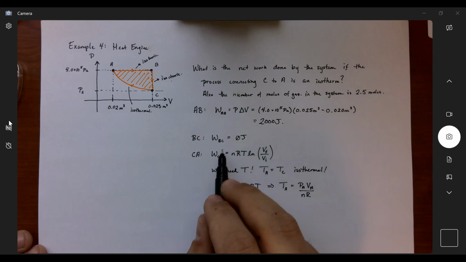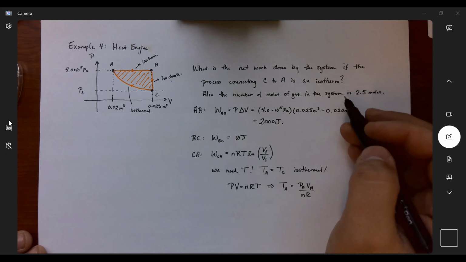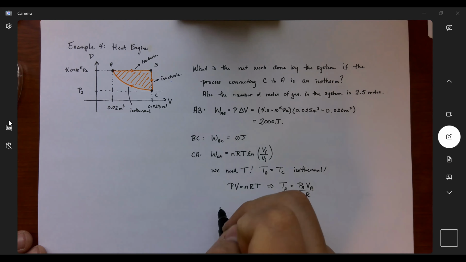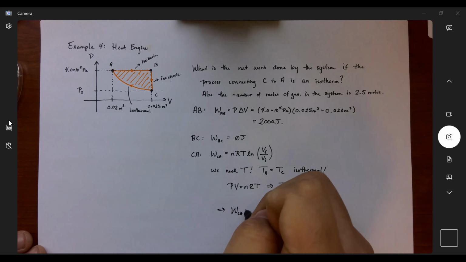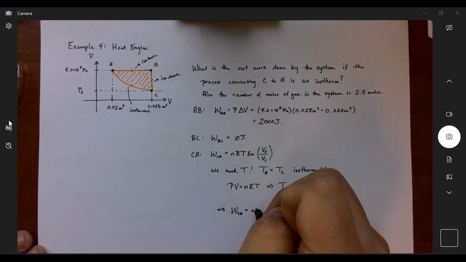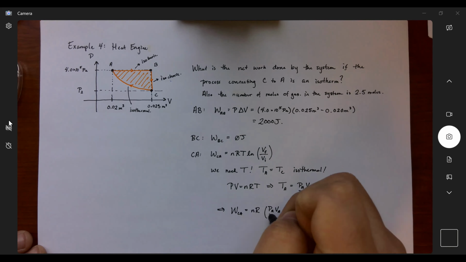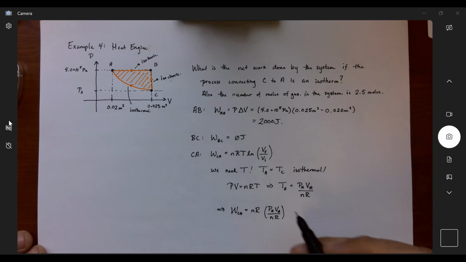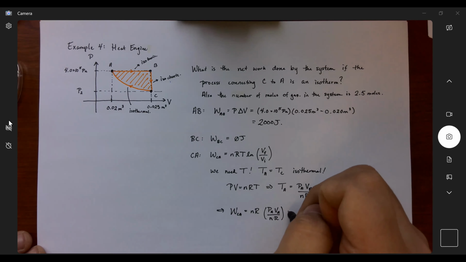All right, so we can actually plug this in here. And in fact, we don't actually need this quantity here to calculate the work, because if we plug that in, the ideal gas constant cancels out, and the number of moles also cancels out.